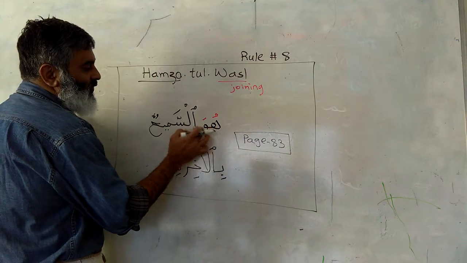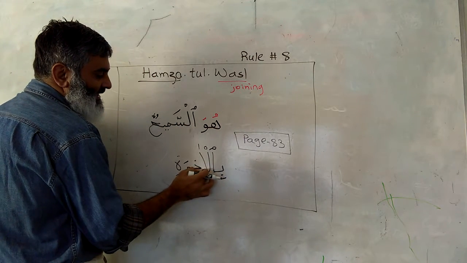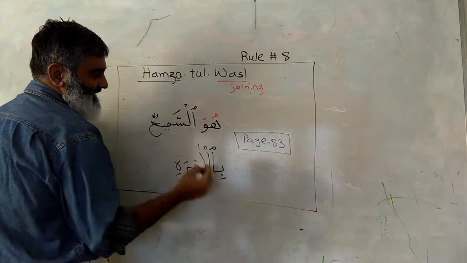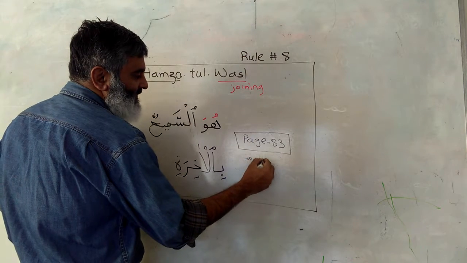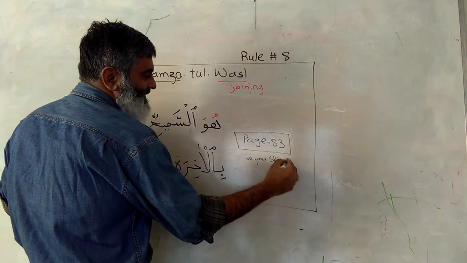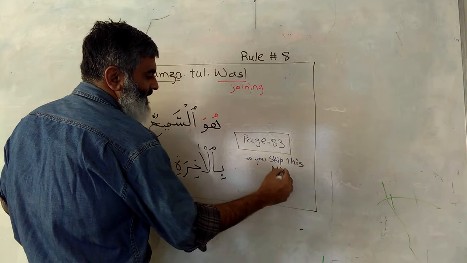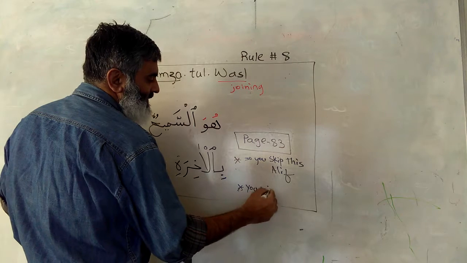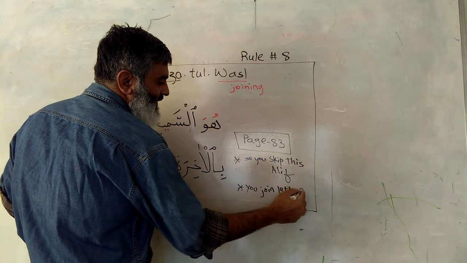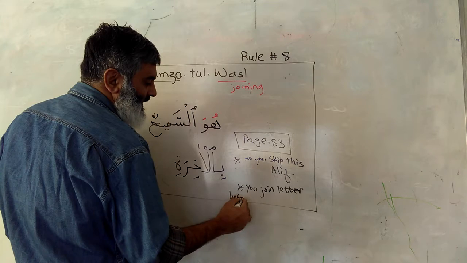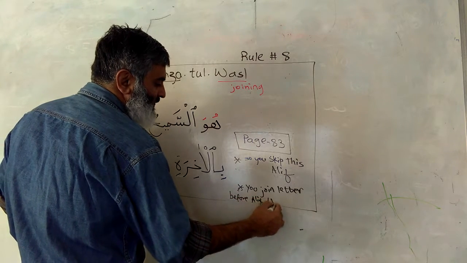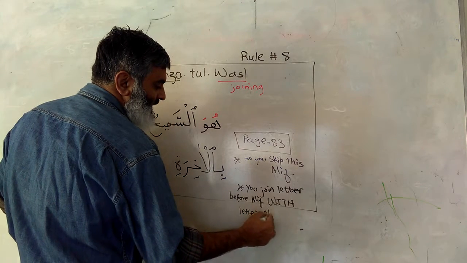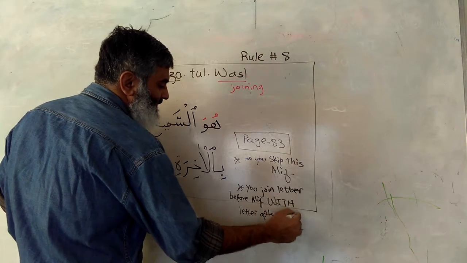So this becomes huwal, and this becomes bil. Huwal bil, as if this Alif doesn't exist. So you skip this Alif, and you join the letter before Alif with the letter after Alif.